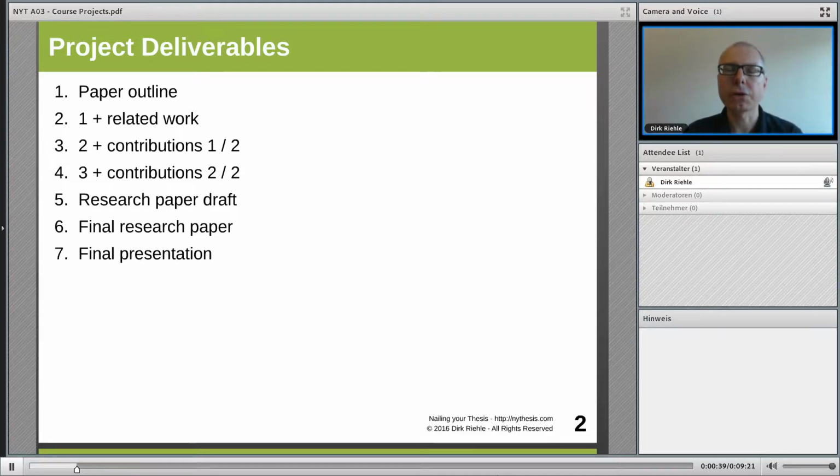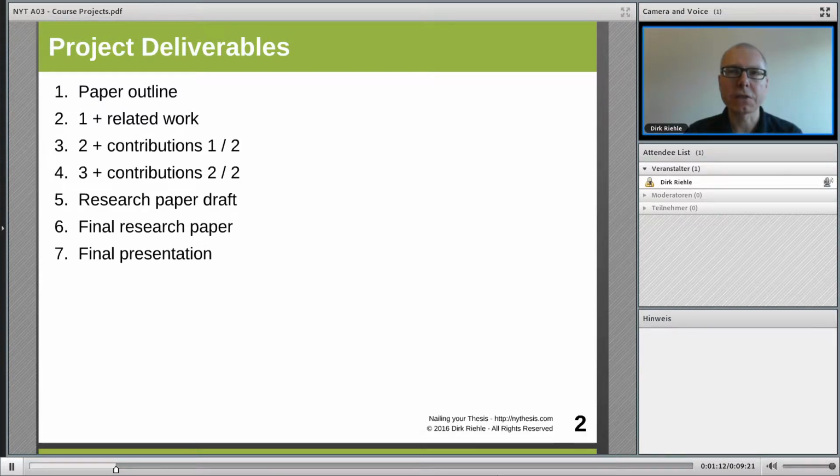After you decided for your project, the particular question you want to take on, you will first have to deliver a paper outline. Then you will have to do a literature search, literature review, so you understand how your work fits into the scientific context. Then you will actually be working on the so-called contributions, a term for the actual research results you hope to get.